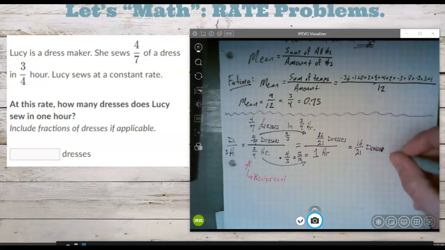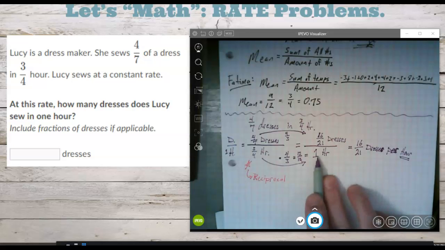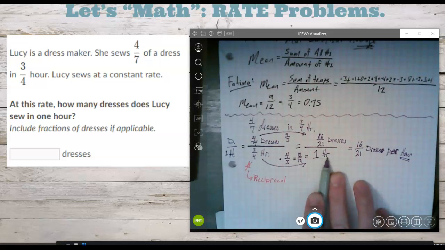Not dresser. Dresses. Dresses what? Per hour. Thank you. Okay, I can't talk and write. I'm sorry, guys. Dresses per hour. Once we get 1 on bottom, we can essentially get rid of that being on bottom, and we can just say per whatever the label in the denominator was.